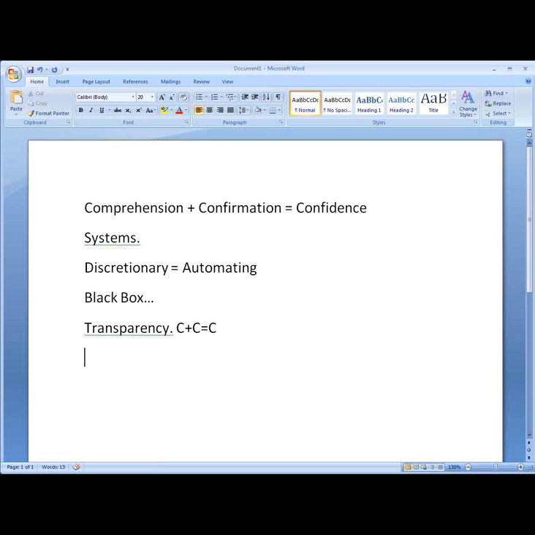The system's transparent. Okay? So the colossal joke of buying a black box is that for some reason, temporarily, either because of a track record or who was pitching it, we had confidence. We can jump right to confidence without having comprehension and confirmation.